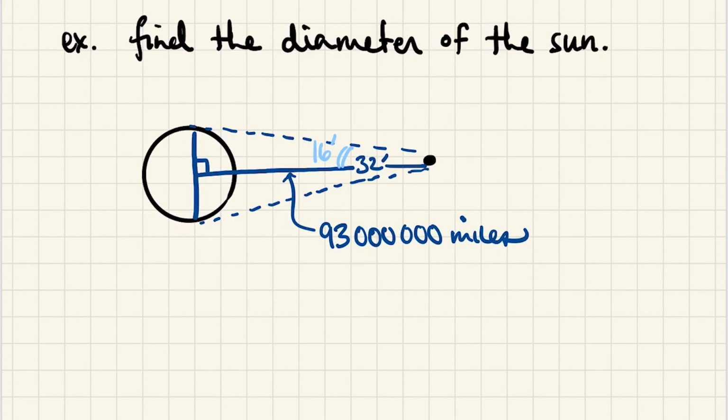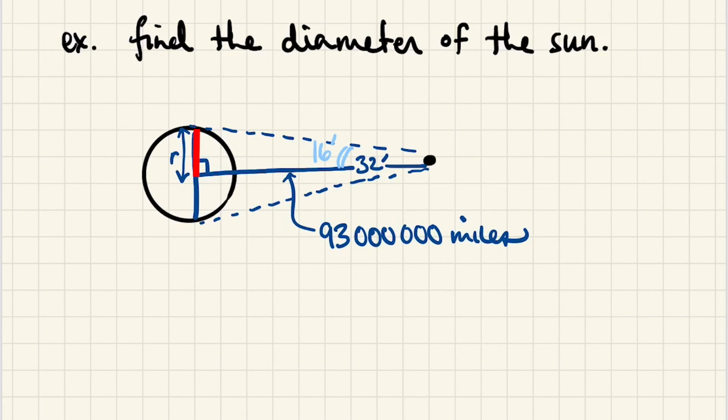Okay, so our plan is we're going to use SOHCAHTOA, namely the tangent function, to find this length right here, which is the radius of the sun, and then we'll double it to get our diameter. So let's call this length here little r.